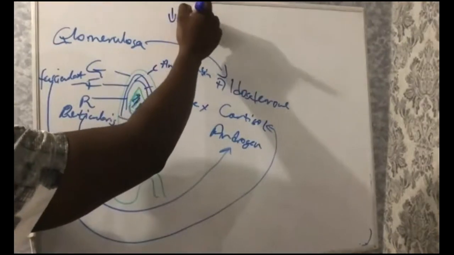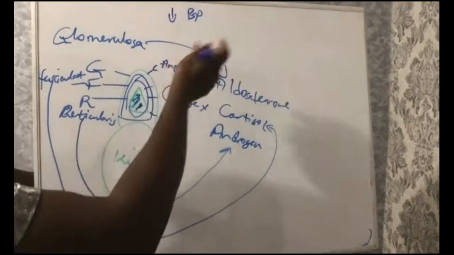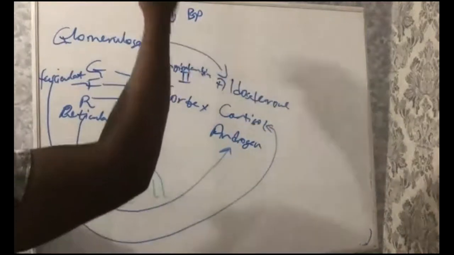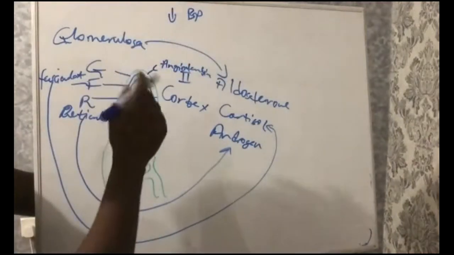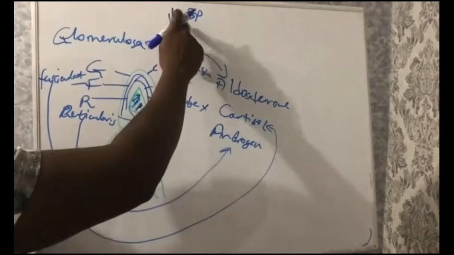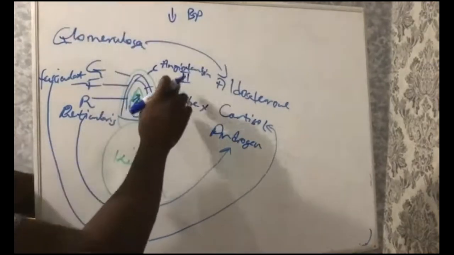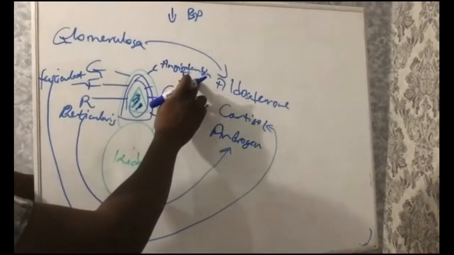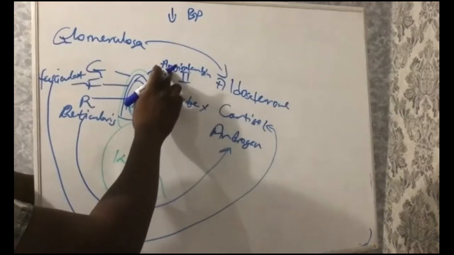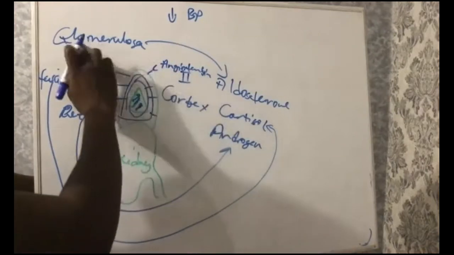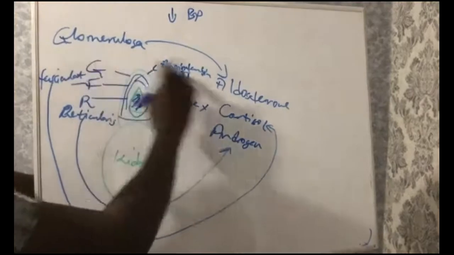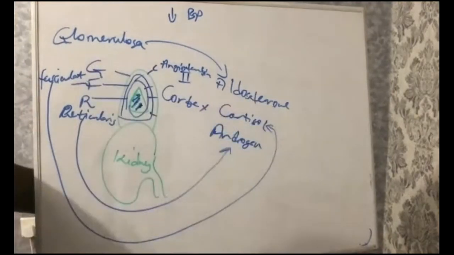Lowered blood pressure. Okay, let's take this one alone. Or maybe a high potassium level or stuff like that. But lowered blood pressure will lead to a series of reactions that will lead to production of angiotensin 2. And angiotensin 2 has its receptors on the glomerulosa. So once it's stimulated, it will produce aldosterone, right?